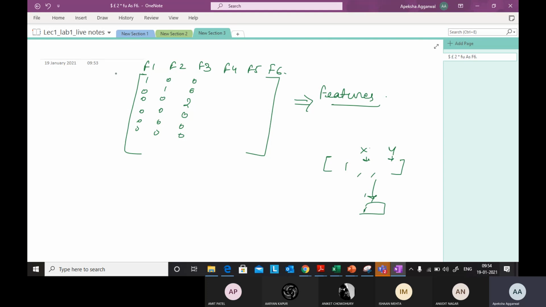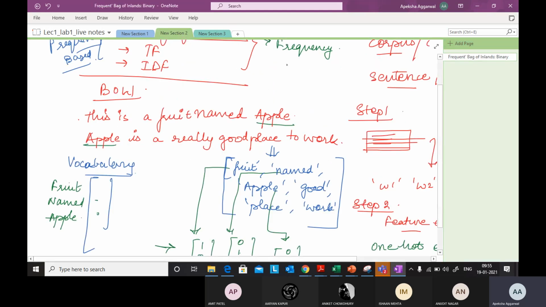While this approach was better, the problem with it was the sparse matrix, right? Because we don't want a model to be trained on so many zeros. There's no use of it, and it would also increase the training time. We don't want this. So the bag of words approach we generally avoid.